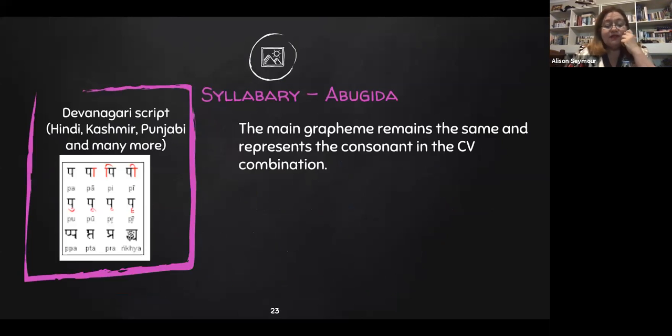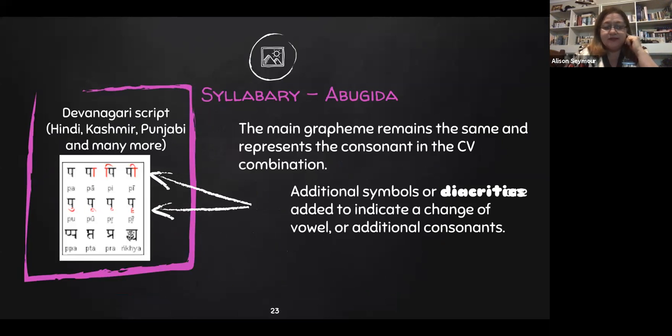So in this diagram here, the Devanagari script, this is a better indication of how that works. So you can see the pa on the left-hand side. That is the consonant with its inherent vowel. So the default vowel would be the ah sound. And then any changes to that are represented through diacritics.